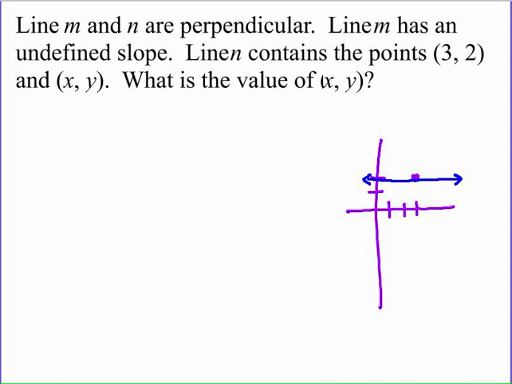What is the value of (x, y)? Well, this is an xy value, this is an xy value, this is an xy value. So basically it can be any point on the line except (3, 2).